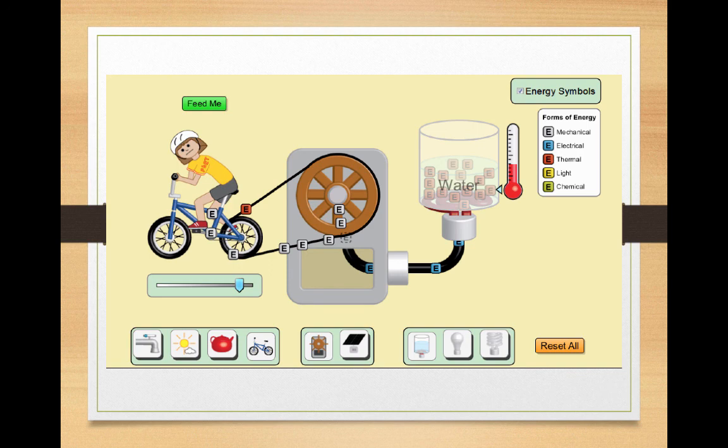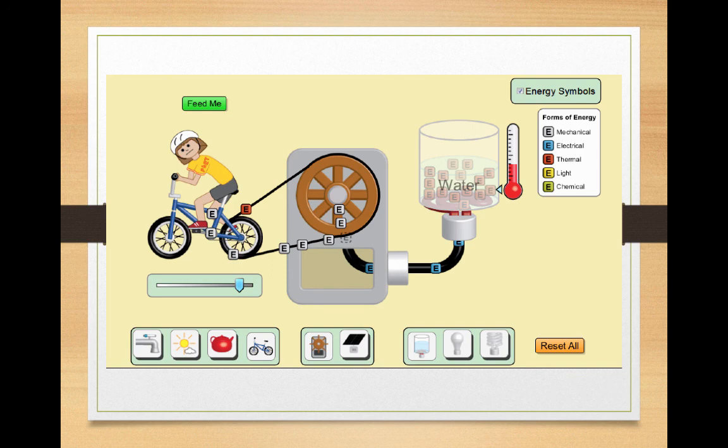Now, in terms of the system, she turns the bike tire, which turns our generator. As the generator turns, that mechanical energy that she provided, it gets turned into electrical energy. And once we go from our electrical energy, that gets turned into thermal energy, which is then going to be released into the environment. I could change this system up in many different ways, but each time we should be able to see how, from beginning to end, we have the energy.